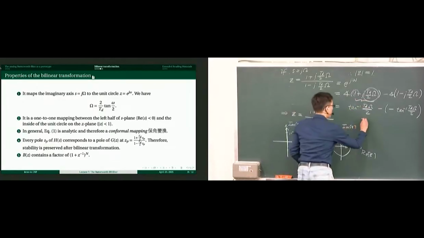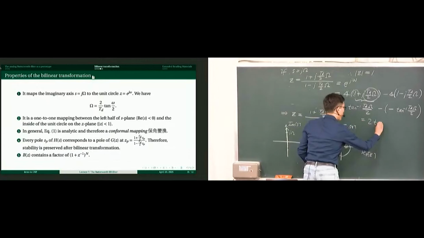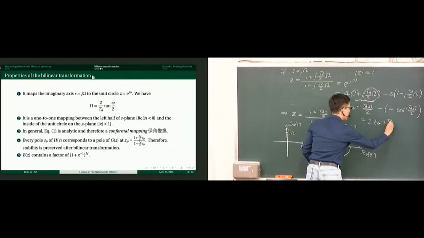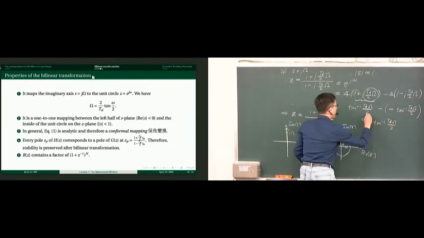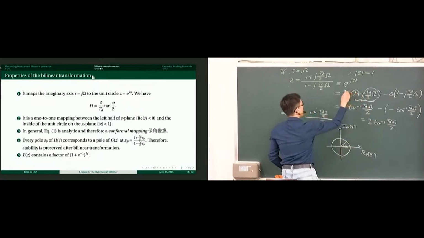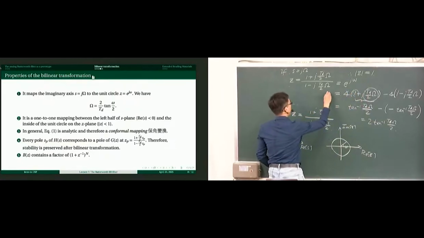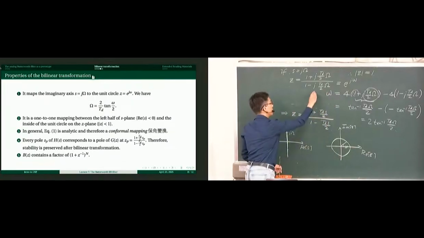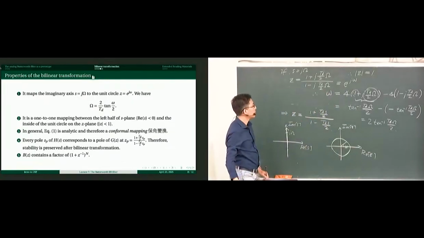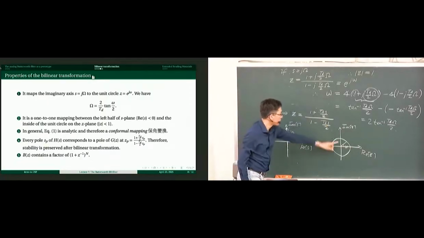So now, finally, you have a factor of 2. 2 arctangent TD omega divided by 2 equals to what? Oh, equals to omega. Yeah. Omega being, where is this angle?